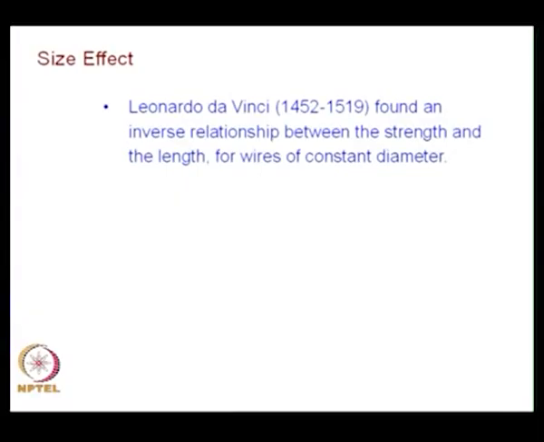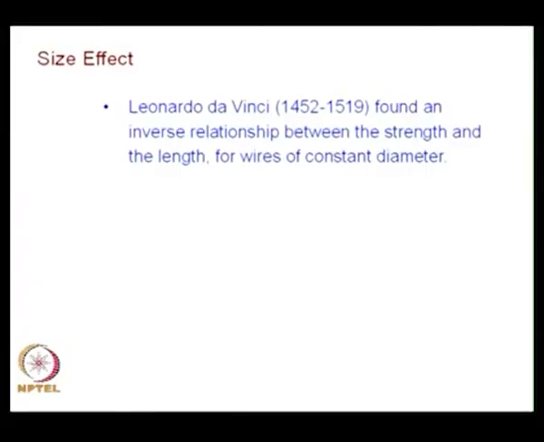There is another aspect which was noted by Da Vinci. What he said was, if the length is shortened, the strength increases. It is an experimental observation. See, we need an explanation for this. Remember, experiment is truth.